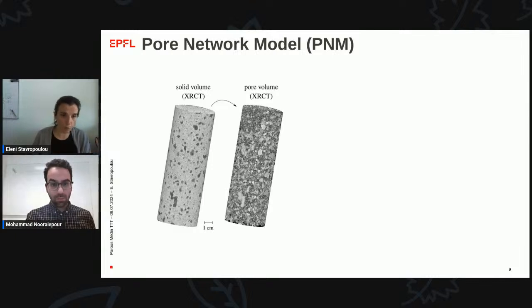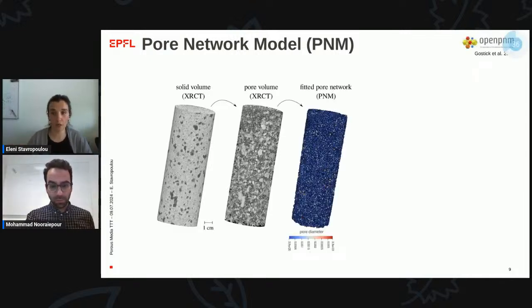Now it is the inverse, so we have the pores in light gray and the voids in black. This is our input data to build and fit a pore network. To do that, we use the open source OpenPNM software, which uses an algorithm called the SNOW algorithm, but you can find a lot of information online as you wish. So we were able, from our real pore structure from the X-ray image, to fit a pore network.